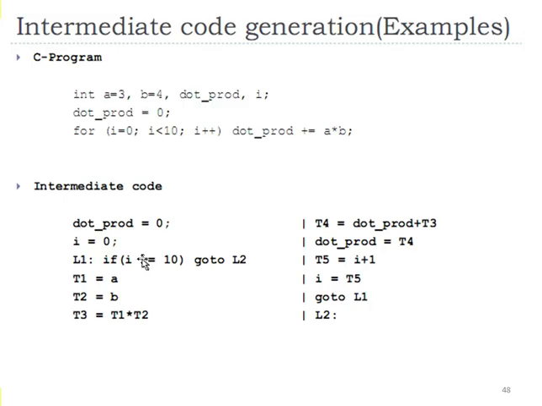So when we convert this for loop into intermediate code, it is converted by considering conditional jumping and unconditional jumping. Since the condition is i less than 10, we should think of the point at which we should stop iterating or looping, and the point at which we should exit from the looping statement.